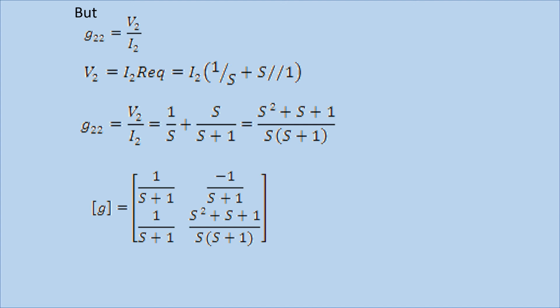Just like I told you, when you've converted to the frequency domain, you treat every element, whether capacitor, inductor, or resistor, as if you are treating a resistor. You add them as if you are adding resistors, multiply them as if you are multiplying resistors. So we have our equivalent resistor element there.